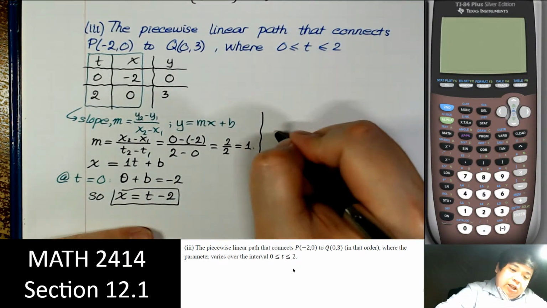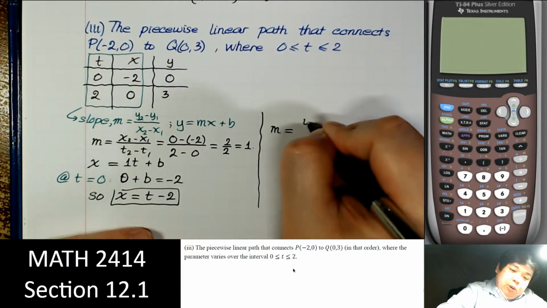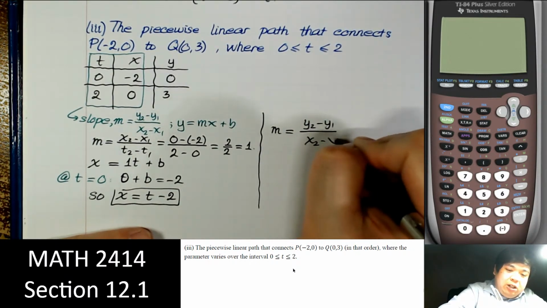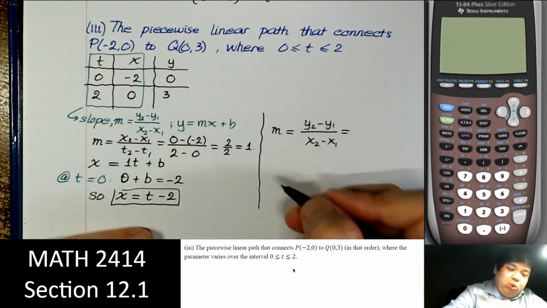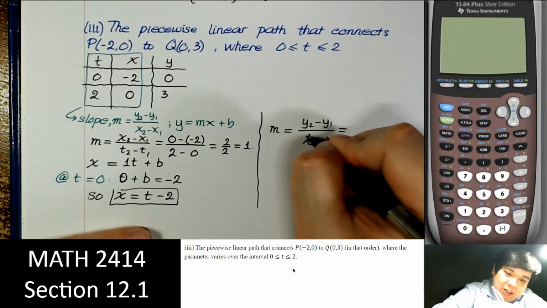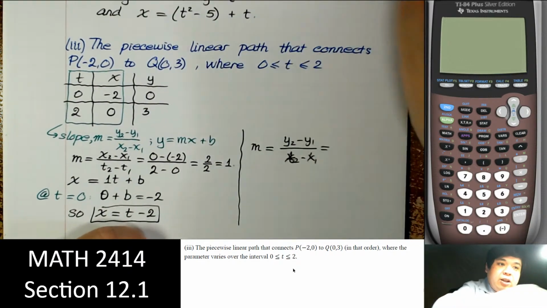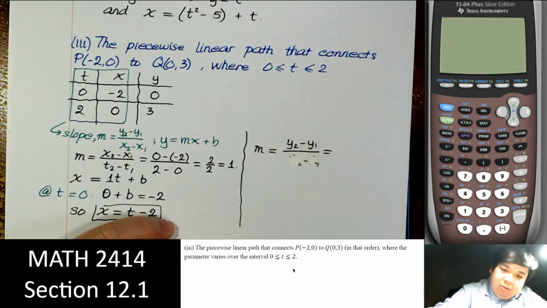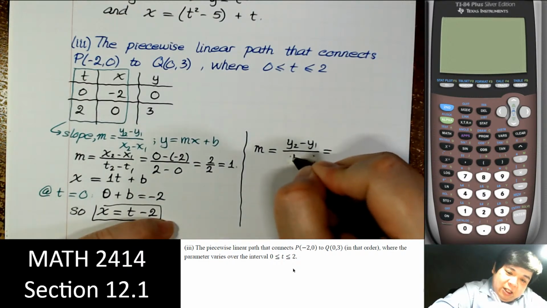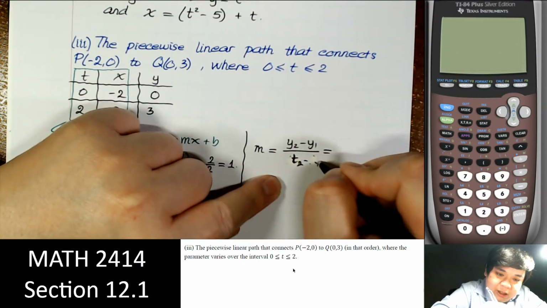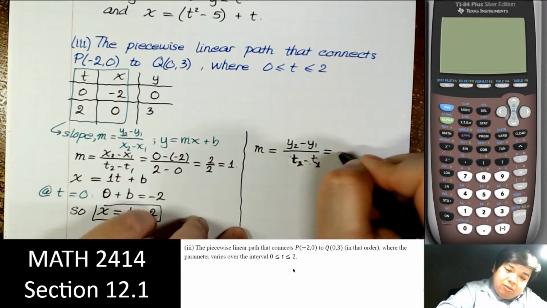Same thing here though. m equal to y2 minus y1 over x2 minus x1. By the way, when we get to Cal 3, there's a much better way to do this. Right now, using this equation, or even in pre-cal, we use the vector form, which is a lot easier than this.